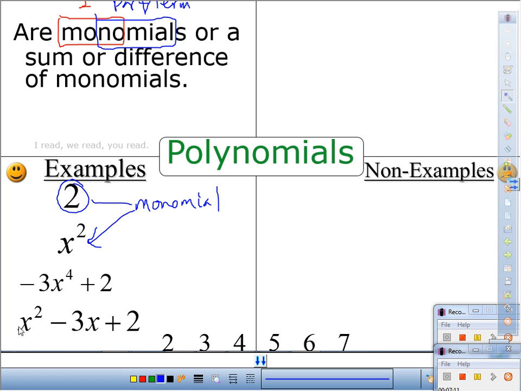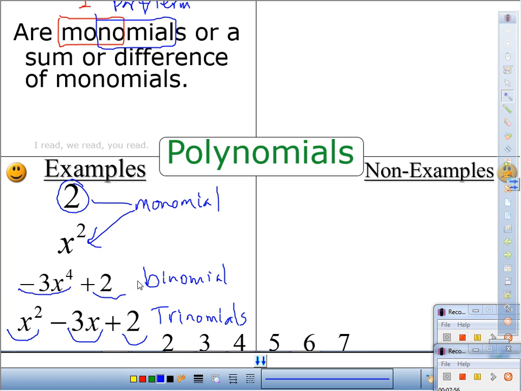So how many parts does this one have? 1, 2, 3. If it's 3 parts, it's a what? Trinomial. That's why it's called that. So if this one has 2 parts, it's called a binomial.